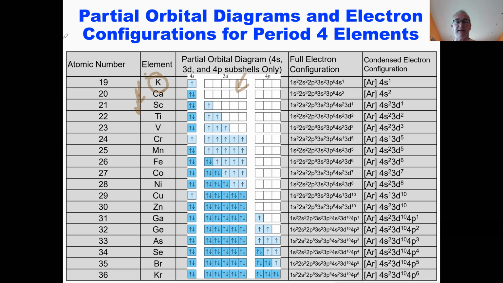This is one of those instances, now that we're getting into the transition metals, where our valence electrons are the s and the one shell lower d orbitals. That's when we start to see weirdness and differences, and why we have different charges. Because watch what happens when we go from vanadium to chromium.